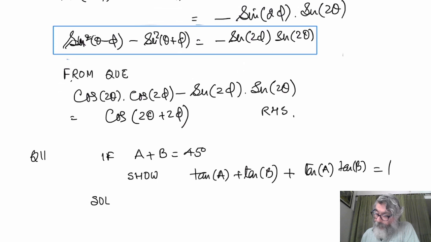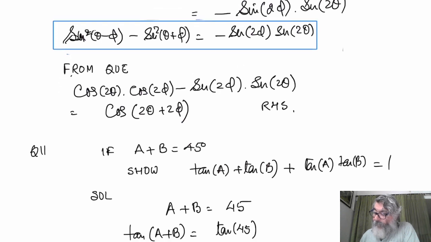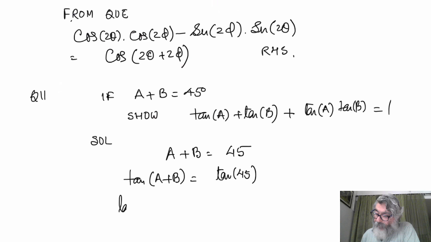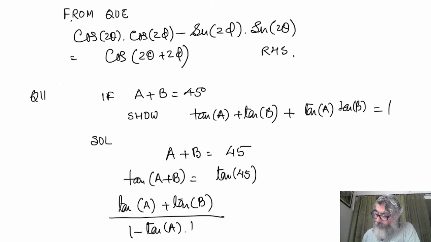Solution. A + B is 45°, so tan(A + B) will be tan 45°. What is tan(A + B)? It is (tan A + tan B) upon (1 − tan A tan B), which is equal to 1.